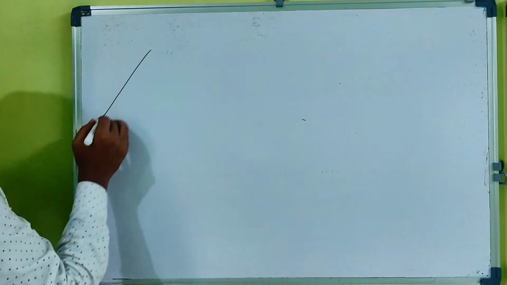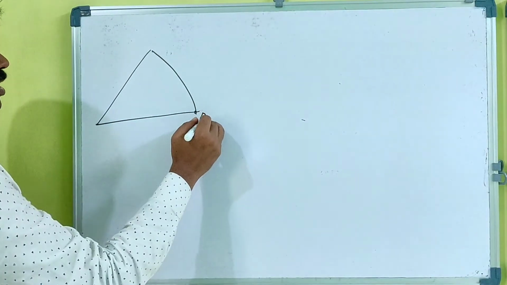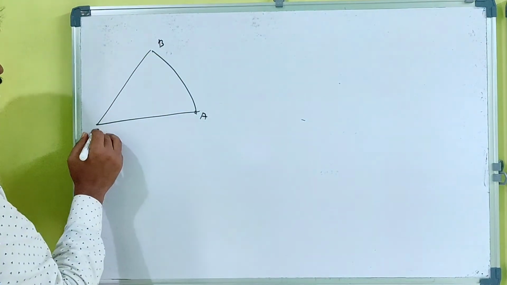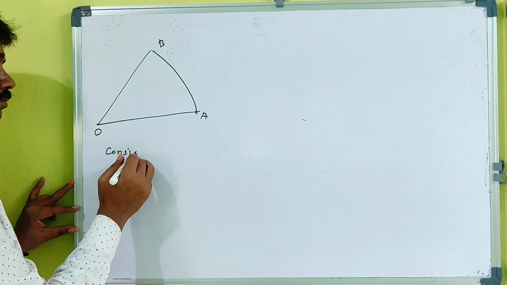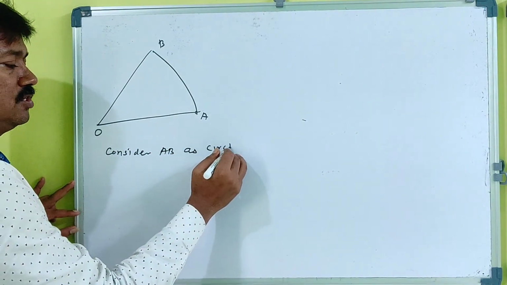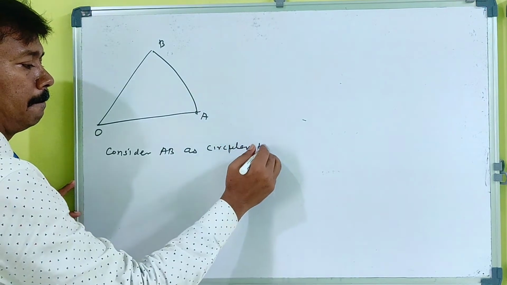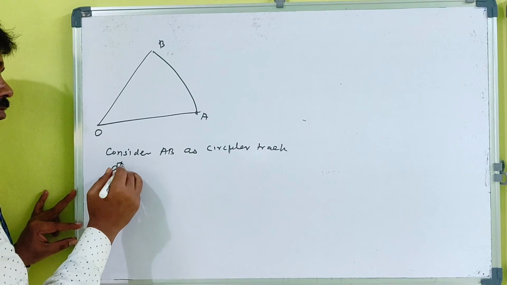So consider here, A is the initial position, B is the position after 30 seconds. Consider AB as circular track of a train.